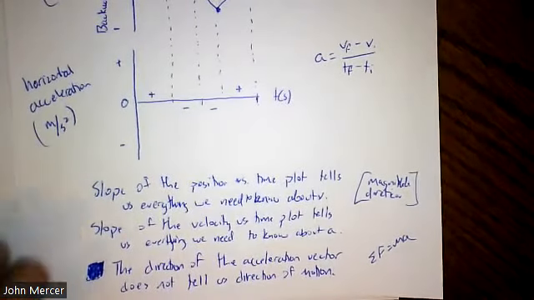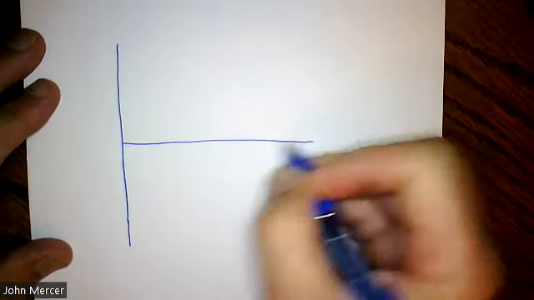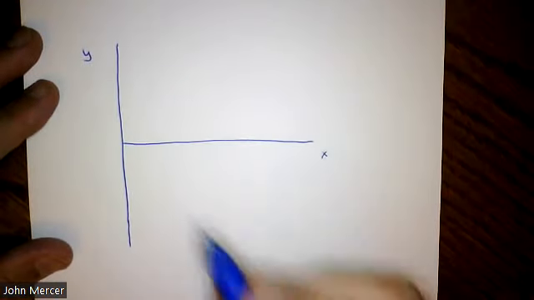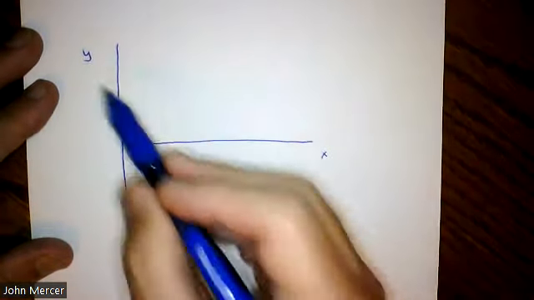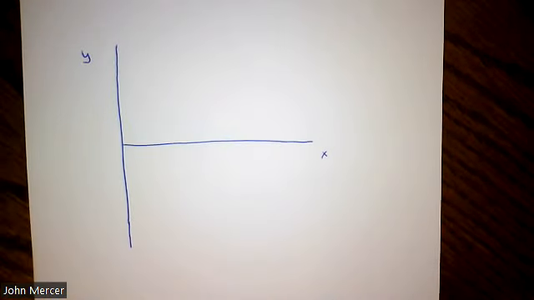All right, I want to do one more thing in this presentation and just give a little bit of a sidebar in terms of slopes, because you want to get comfortable with understanding slopes. So let me do a bigger plot here. And I'll just put a Y here and I'll put an X here, because this could be position versus time, this could be velocity versus time, what have you.